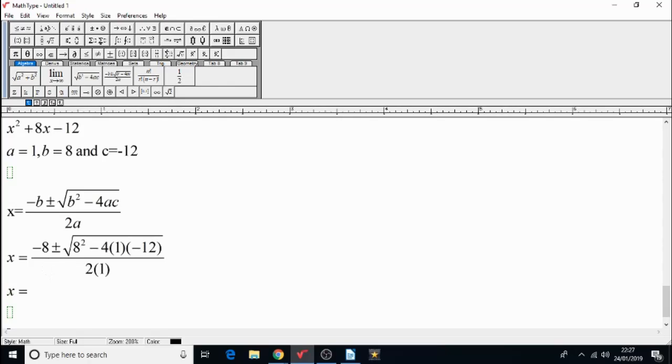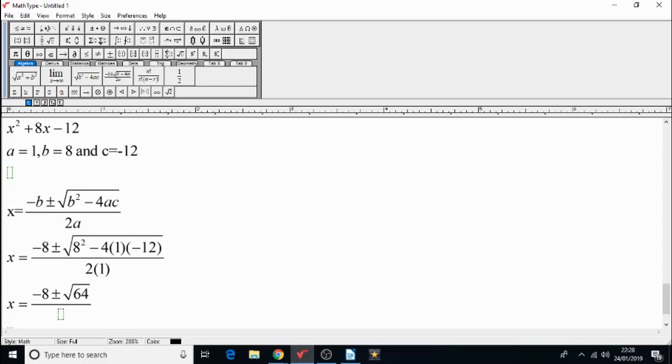So x is equal to minus 8. Plus or minus the square root. So the square root of 8 squared is 64, minus 4 multiplied by 1 multiplied by 12.